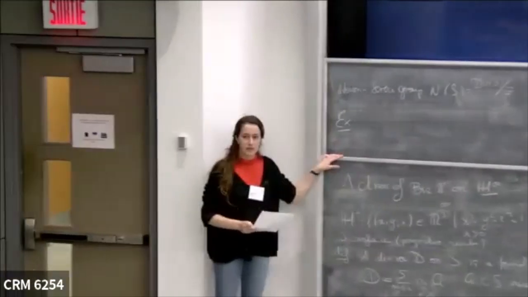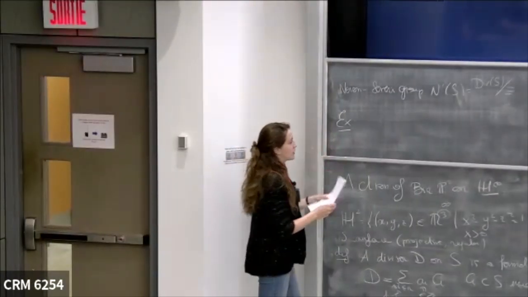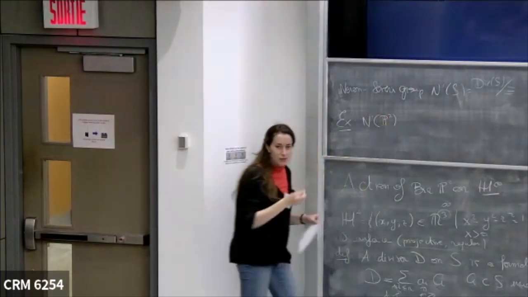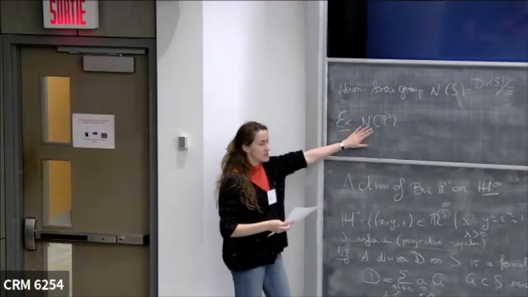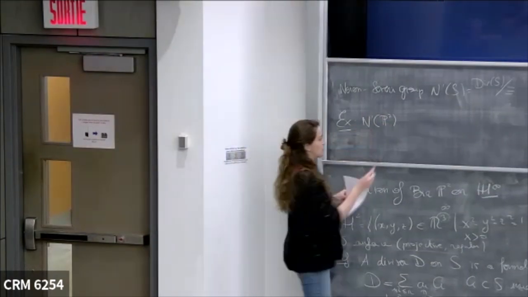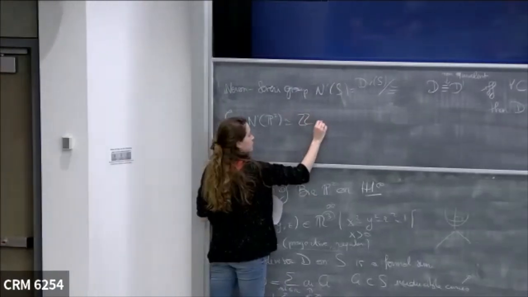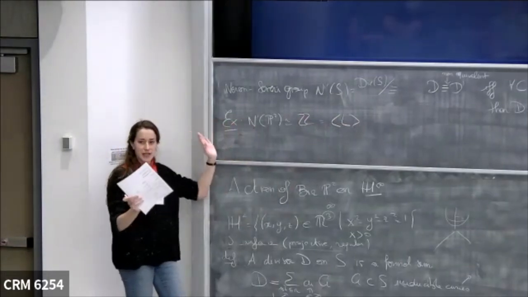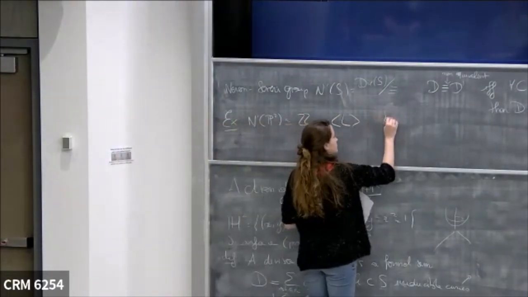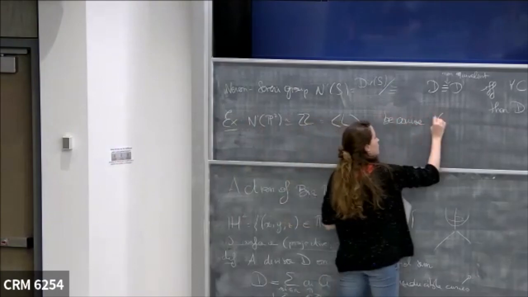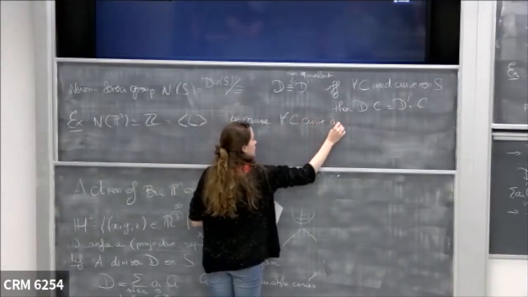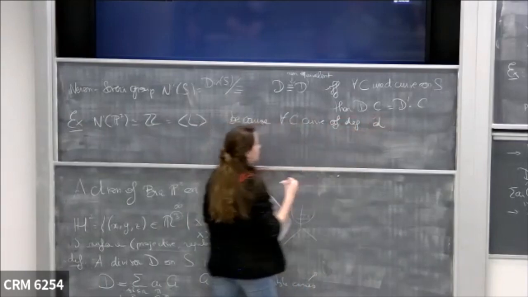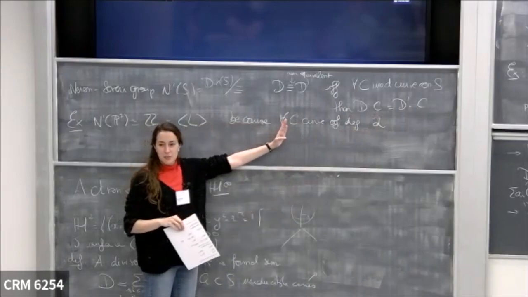Other questions? It's okay. So, for instance, if you look at the Néron-Severi group of P2, what is this group? Exactly, this will be Z, generated by the line. Because for every curve of degree D, you know that it intersects the line in D points.